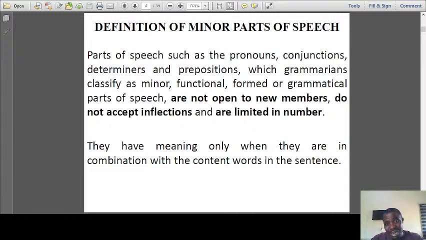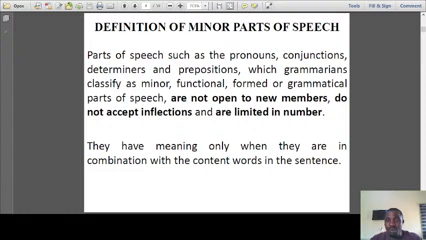You cannot add inflection, for example, to a conjunction like and or but, or to a preposition like of. The minor parts do not accept inflections and are limited in number. The major parts are very many, while these ones are not many.